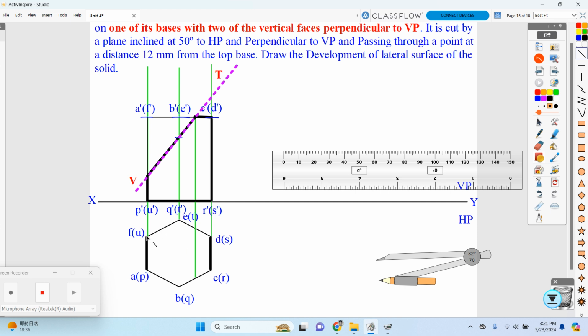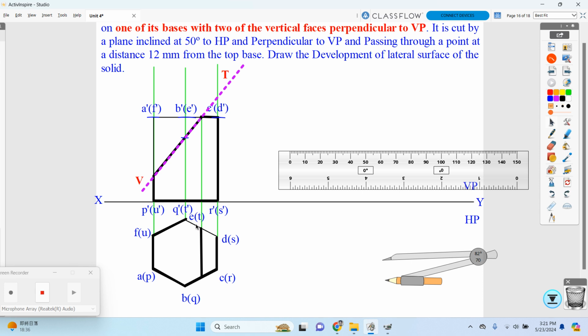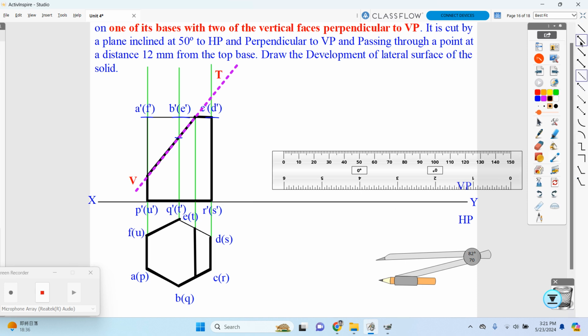Similarly, this is your true shape condition. Okay, this is your true shape condition.